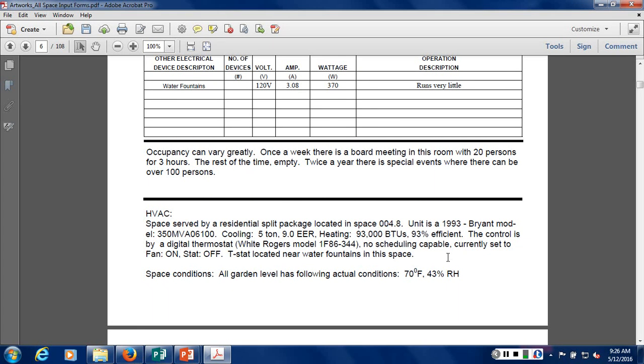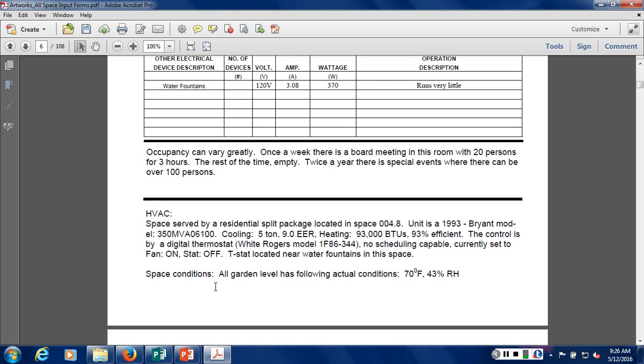In this case, it was a 1993 Bryant model, and there's the model number. On the cooling side, 5-ton, a 9 EER. On the heating side, 93,000 BTUs, 93% efficient. And the controls by a digital thermostat, no scheduling capability, currently set fan on, stat off, and the location of the thermostat.